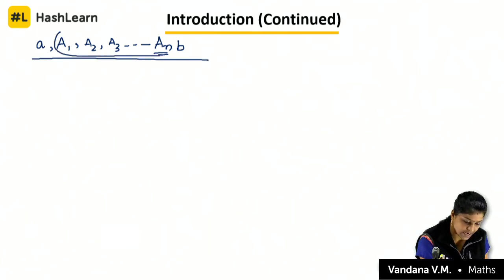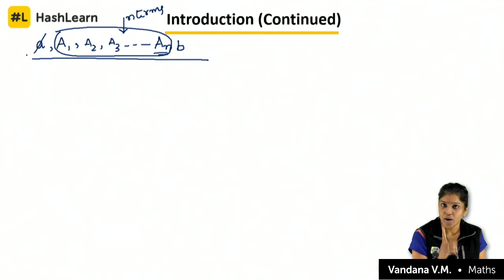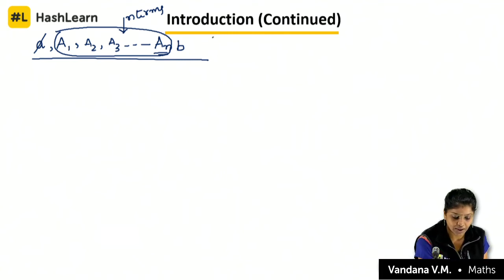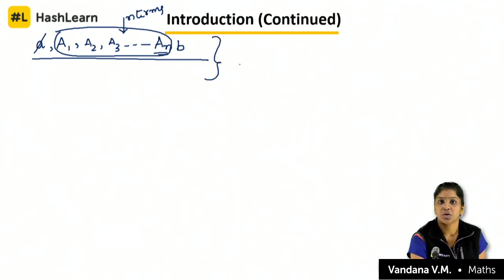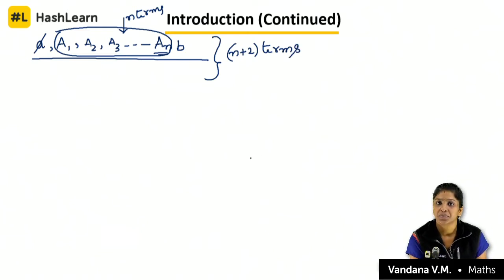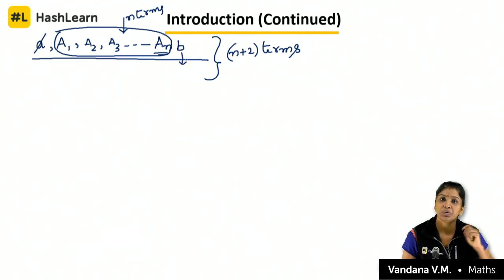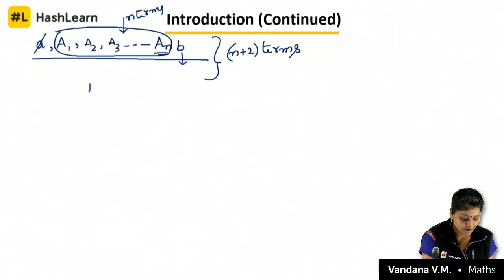These are only n terms here. A is 1 and B is 1. So, totally I am having n plus 2 terms. Will you agree? Now, look at here.